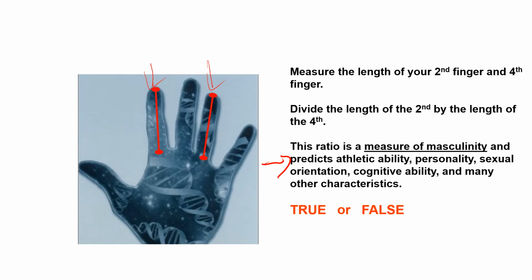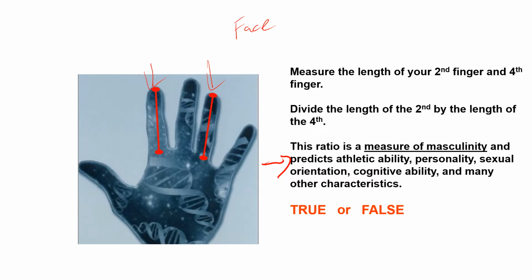What's the face validity on this? So we're talking about face validity here. And again, face validity is, does it actually appear to measure what we're claiming it measures? Now, if you know stuff about the 2D4D ratio, you may get to the answer easier.